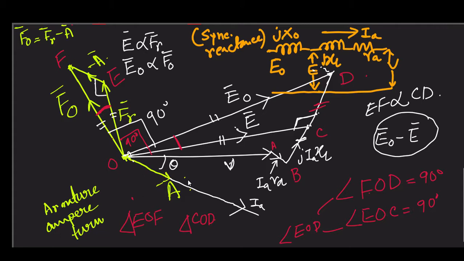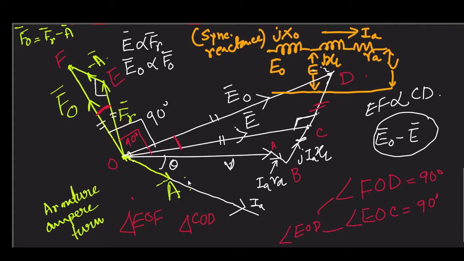Now if we can calculate the armature reaction MMF A, then we understand that our field MMF, F naught, and A interact with each other and produce FR.